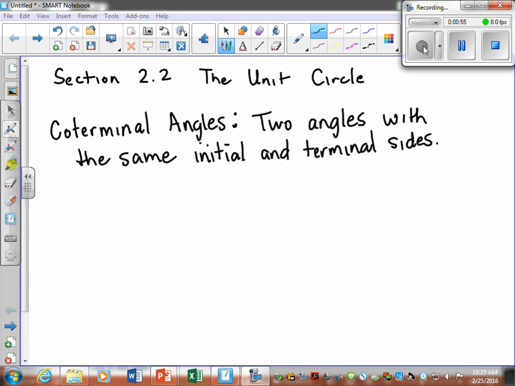Let's see, if we have, let's go to right here, which was pi over 4, or 45 degrees, right? So this is angle 45 degrees. And let's say my second angle, if my initial side is there and I go all the way around, which is one revolution, that's 360, right?